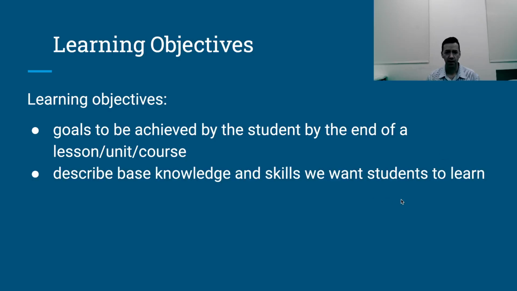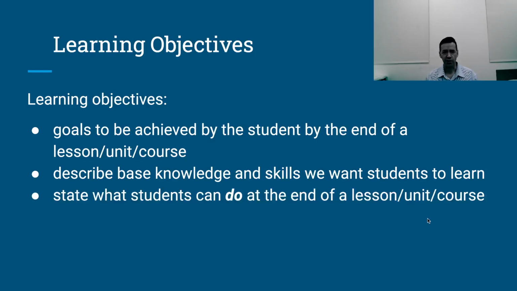They describe the base knowledge and the skills we want students to learn. We want to state what students can do at the end of a lesson. So this word is very important. That means we need to have some action verbs in our objectives. What can they do? Not what will they know necessarily.